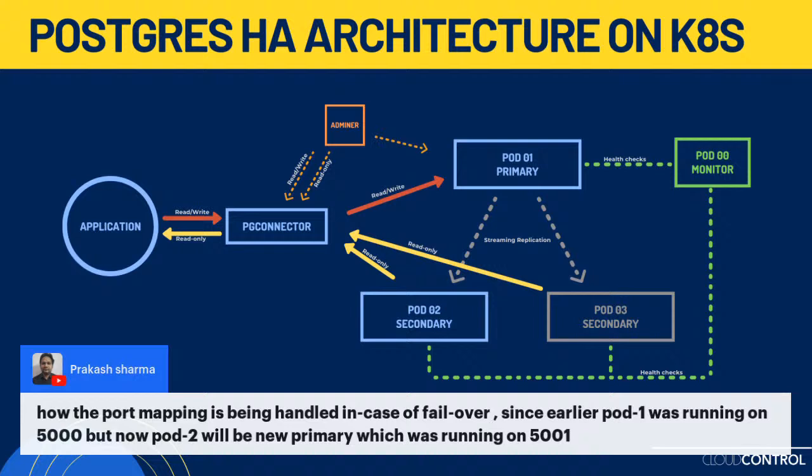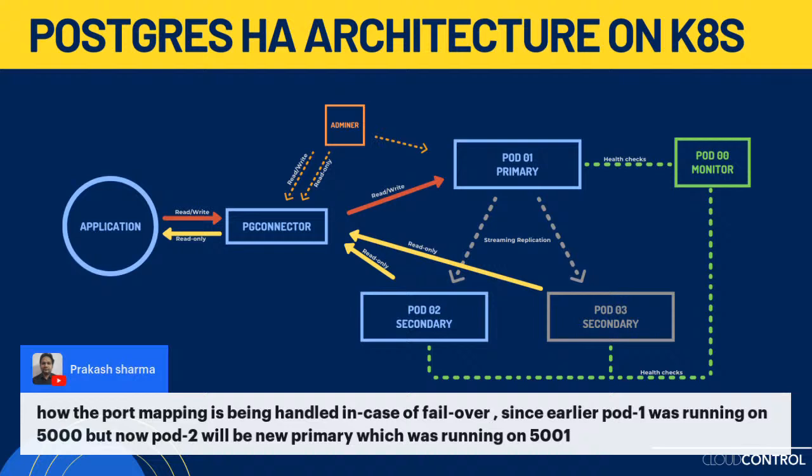That is happening behind the scenes. As the PG connector gets that information, through the HA proxy it exposes the right database connectivity on 5000, so that only one database is available for read write, and there could be multiple read only databases.